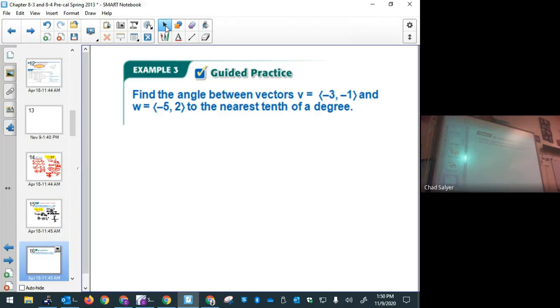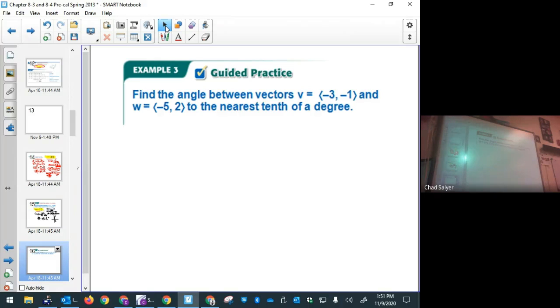That's your numerator. The magnitude of... yeah, that's what you were asking me about.